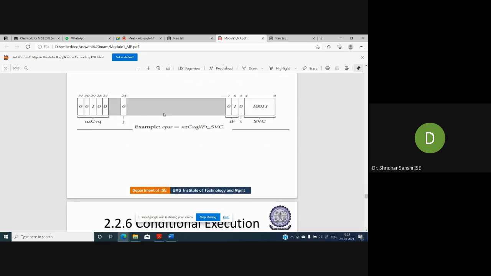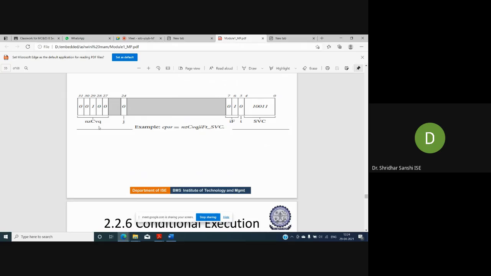So what do you mean by this 0? This 0 and T bit 0, if both are 0, it means that we are using the ARM instruction set. Now we are talking about flags. If the Q bit is 0, it means there is no saturation or overflow.